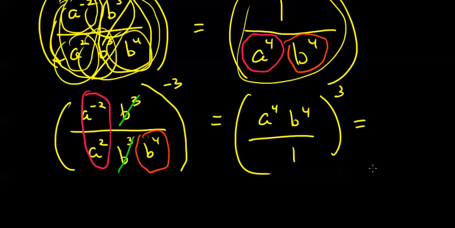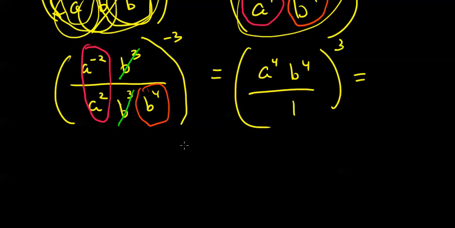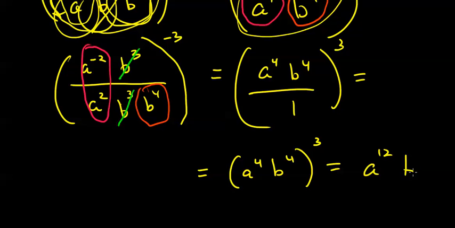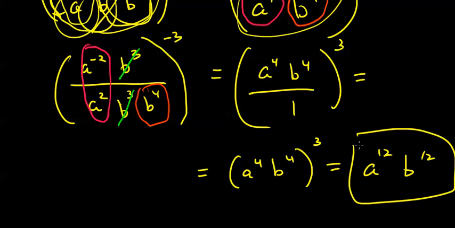Well, of course, a divisor of 1 is redundant. So this is equivalent to a to the 4th times b to the 4th cubed, which of course reduces to a to the 12th times b to the 12th. And that is my final, completely, most simplified answer with positive exponents only.